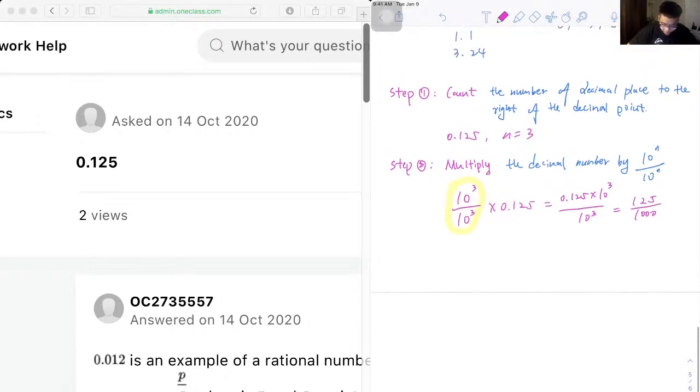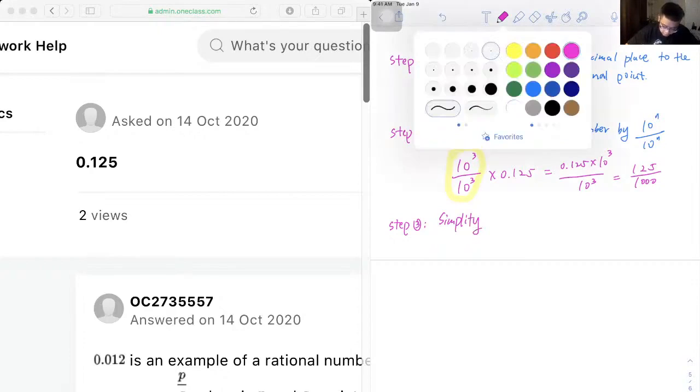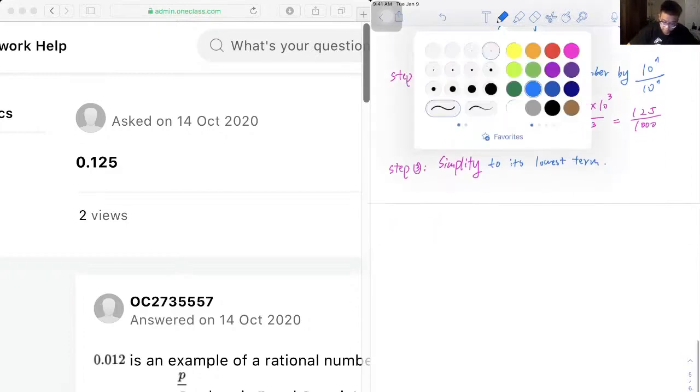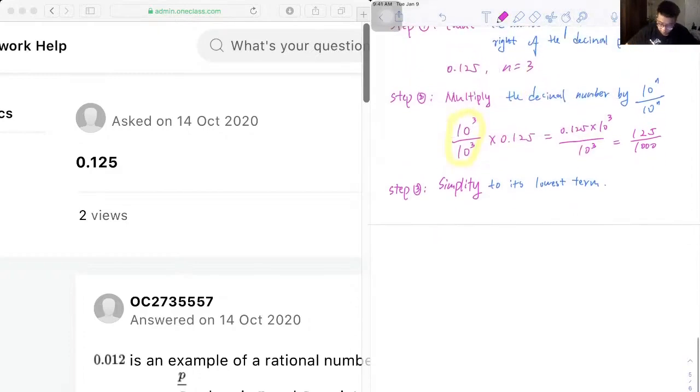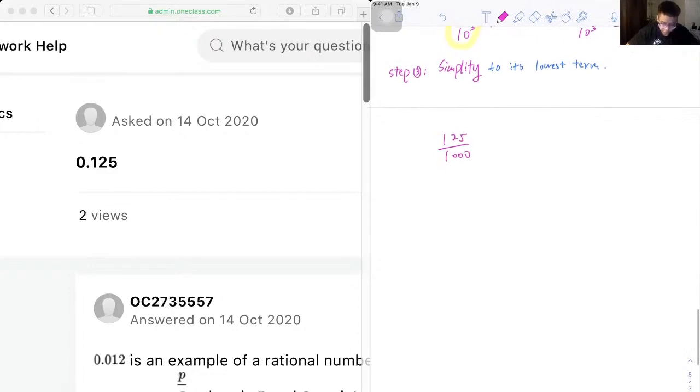Okay, and our last step will be simplify. We need to simplify to its lowest term. Now we have 125 over 1,000.